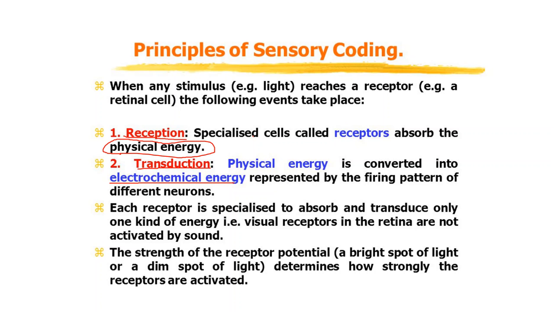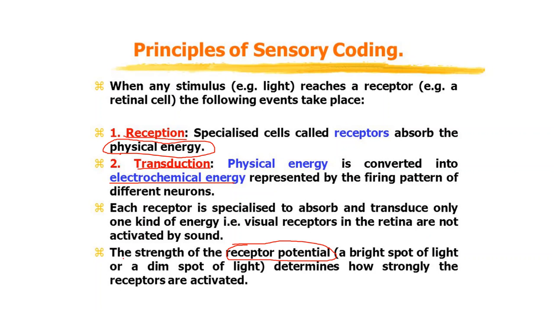And the strength of the receptor potential determines how strongly the receptors are activated. Okay, so we're going to talk about receptor potential in a minute here. Okay, these are graded potentials. You know that an action potential is an all or none event, whereas a graded potential can vary in magnitude.